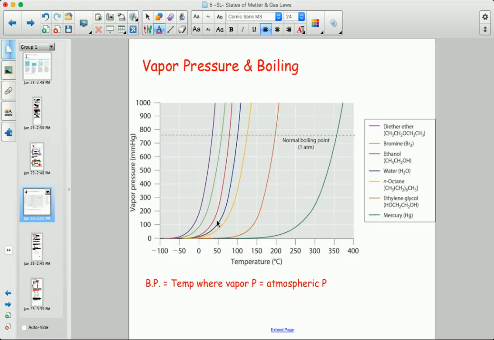If you look at the dark blue curve for water, you can see that it can boil at higher temperatures than 100 if the pressure is higher. And that's the basis behind a pressure cooker that some people may have in their kitchens. If you seal up the container, you can create greater pressure and therefore make the water get hotter.